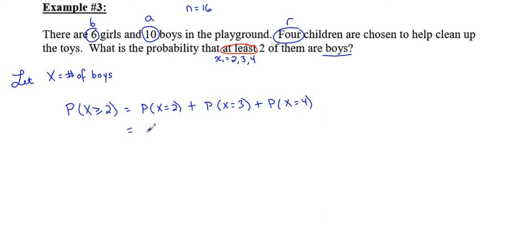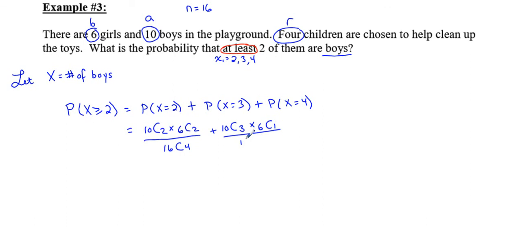So 2 boys means out of 10 boys, we're going to choose 2, and we're choosing 4 children, remember. So that means out of the 6 girls, we're going to choose 2. Out of a total of 16 people, we're going to choose 4. For 3 boys, out of the 10 boys, we're going to choose 3, which means out of the 6 girls, we're going to choose 1.